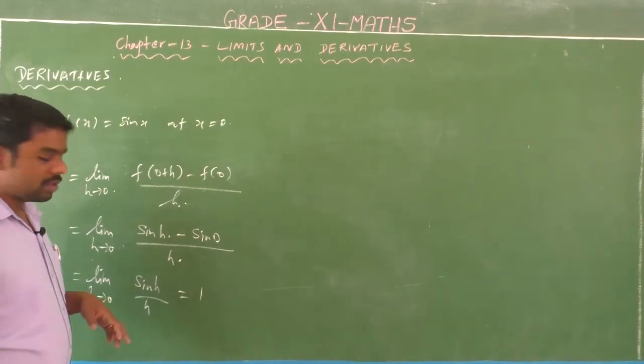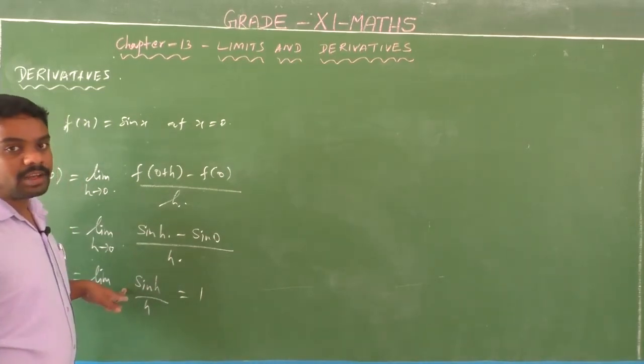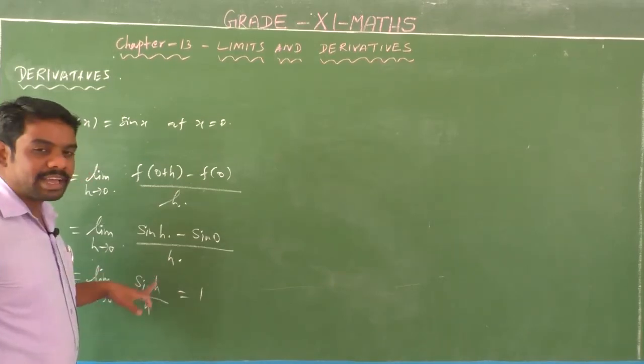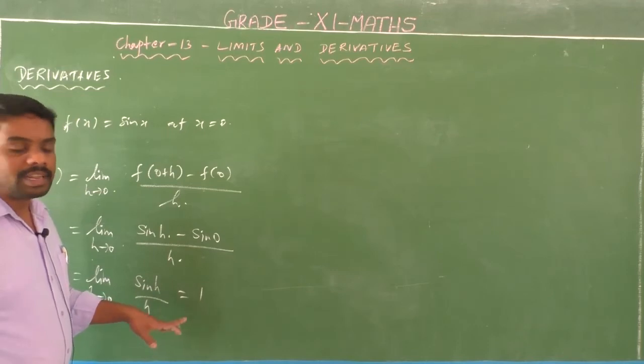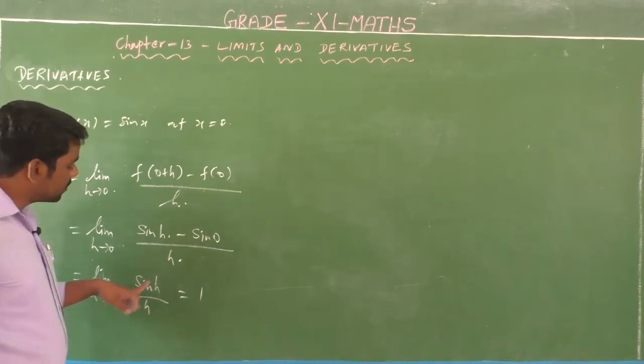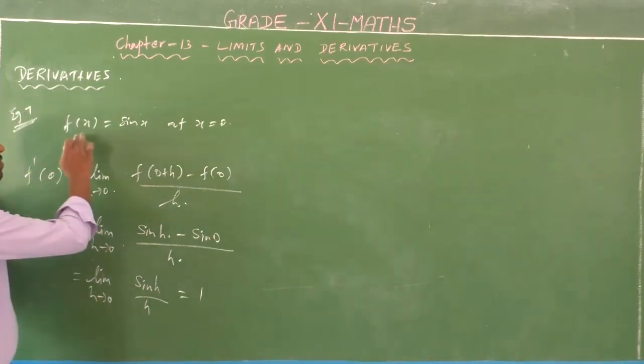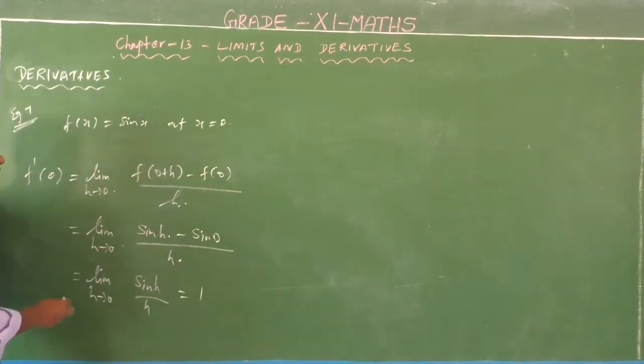This is theorem number 4, the sin h theorem, property number 5: limit x tends to 0 of sin x by x is equal to 1. Similarly, limit h tends to 0 of sin h by h is equal to 1. So the derivative of this function at x equal to 0 is 1. Therefore f dash of 0 is equal to 1.